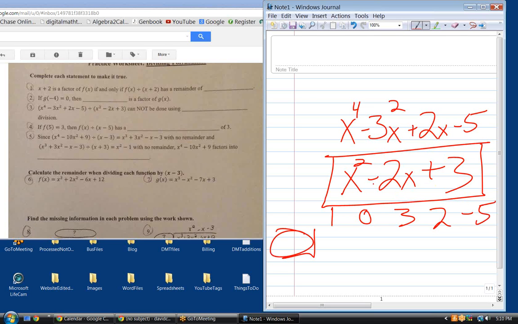And that's what I would have to do if I was going to divide by x squared minus 2x plus 3. In other words, if I was dividing by a linear term, like x minus 3, then I could do that division synthetically by putting in a 3 right there, putting in the solution. But I can't do it synthetically if it's being divided by a quadratic. Okay.